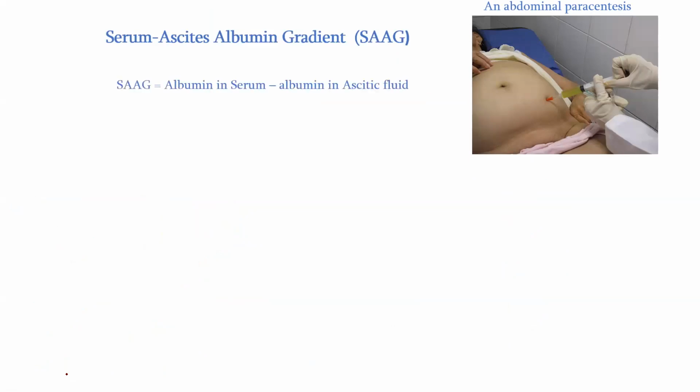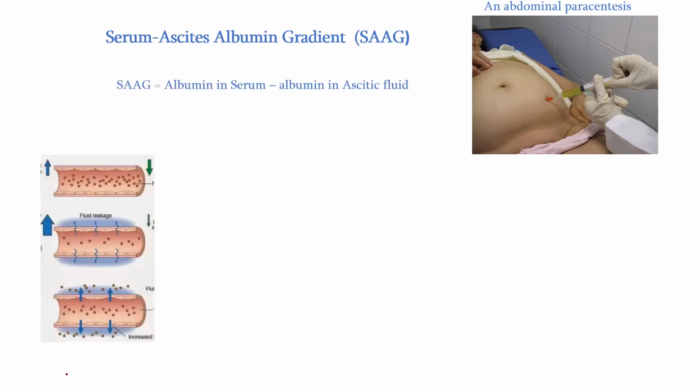An abdominal paracentesis was performed to check ascitic fluid, and the serum ascites albumin gradient was calculated in our patient, which reflects the mechanism of ascites.